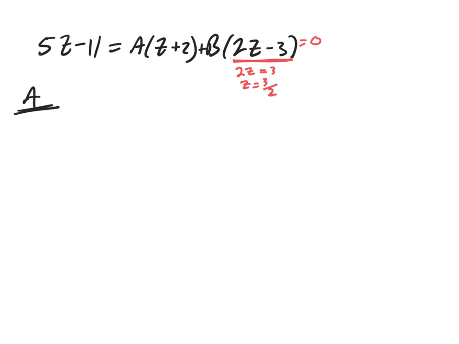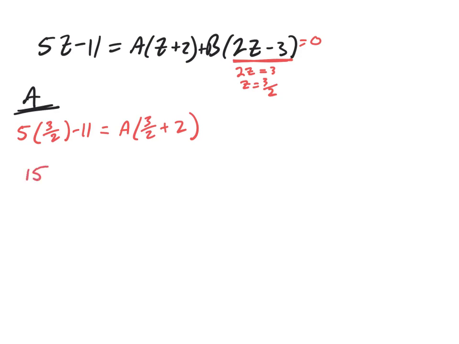So let's do this the long way around since we are working with fractions. We're going to have 5 times 3 halves minus 11 equals A times 3 halves plus 2. First suggestion here is to put everything on a common denominator of 2, so that we can work with our fractions a little bit easier.